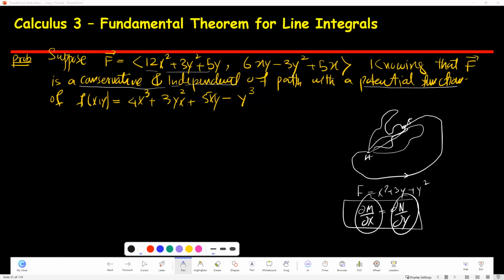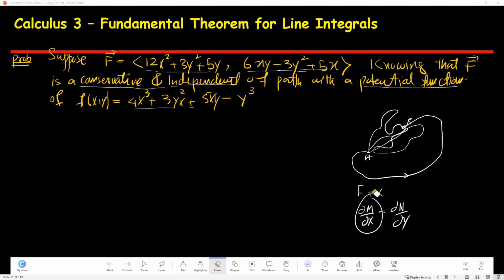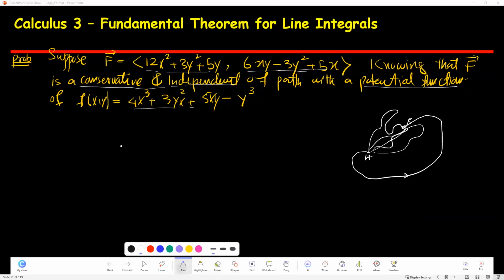This is the x coordinate, this is the y coordinate of the function at that point, and the function is this. That's called the potential function, the function that follows the conservative field. I'm going to solve this the way I solved the previous problem. It's just a little bit different in the given form.